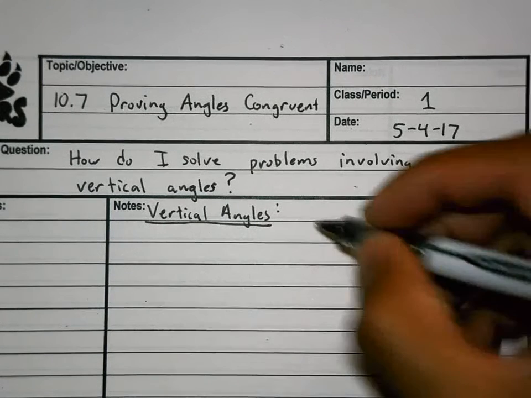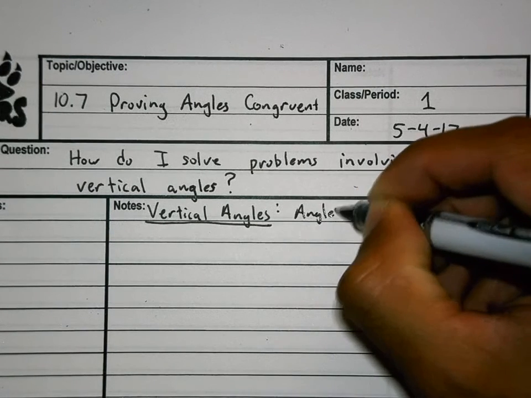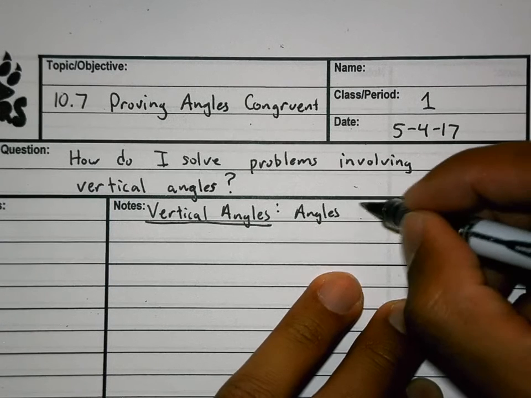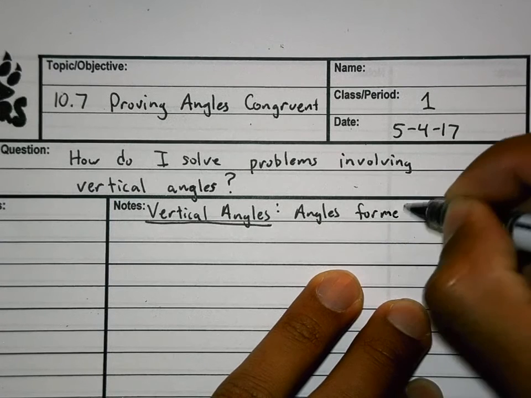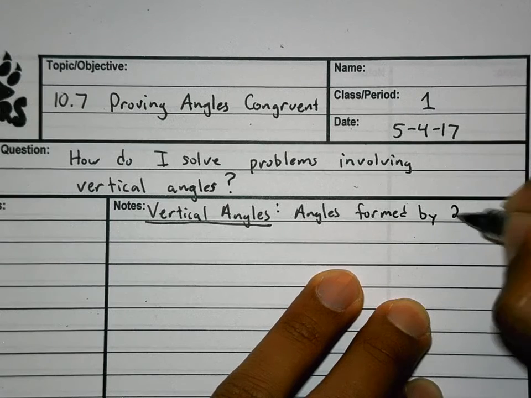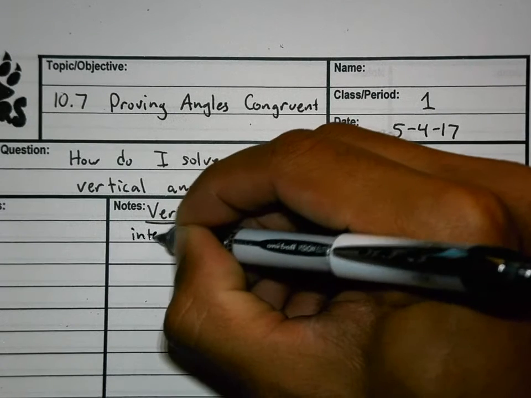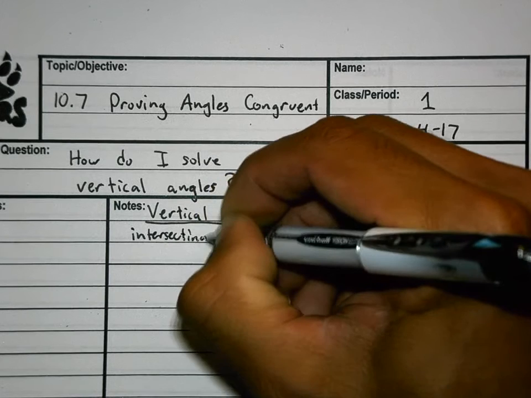They are angles formed by two intersecting lines.